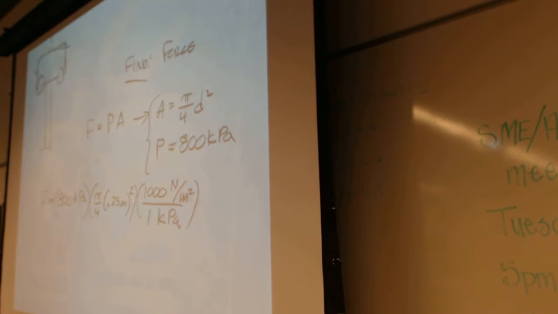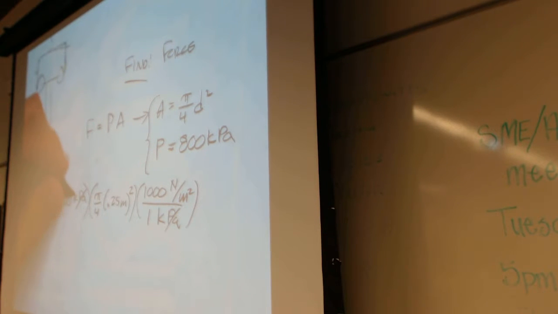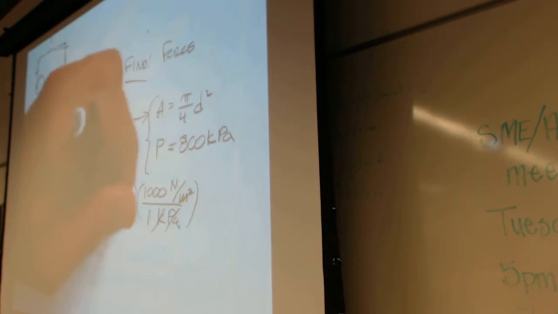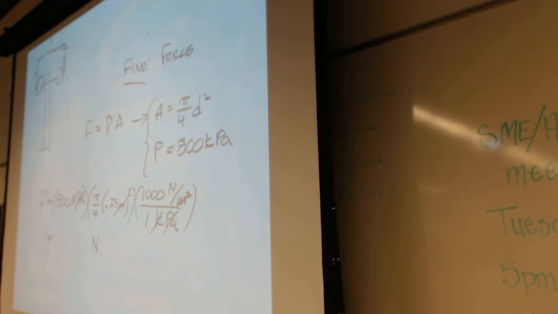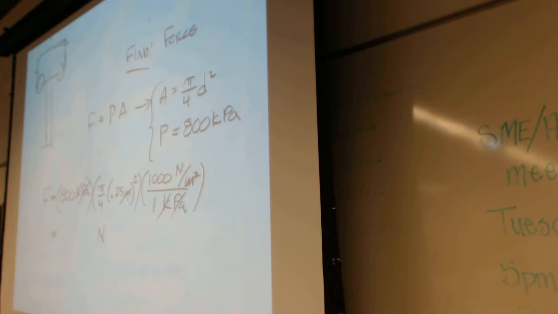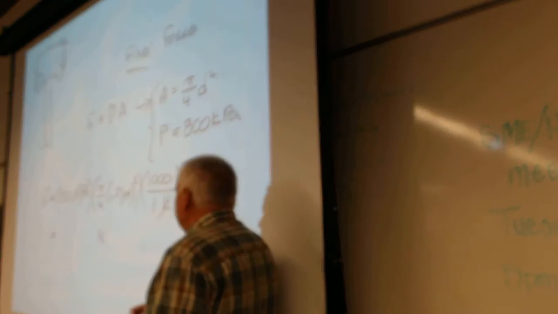Now we're talking. That's going to cancel. And that cancels. And the meters times meter are going to cancel these meters squared. And I end up with units of newtons. And it's going to be probably kilo. I could have left the kilo and it'd be in kilonewtons, but we'll leave it in plain old newtons.